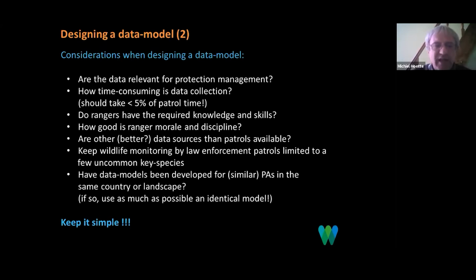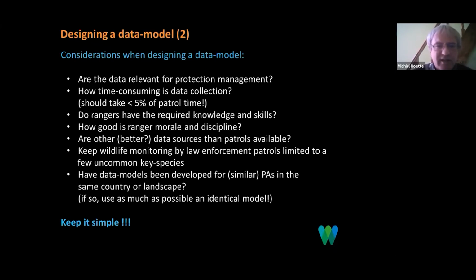You might decide to have, for instance, the rangers do transect counts once a month, and then the rest of the months they don't need to collect any biological data. That's an option you should consider.